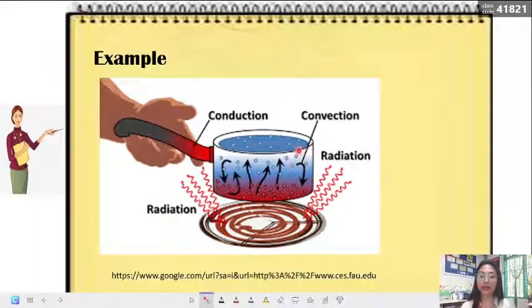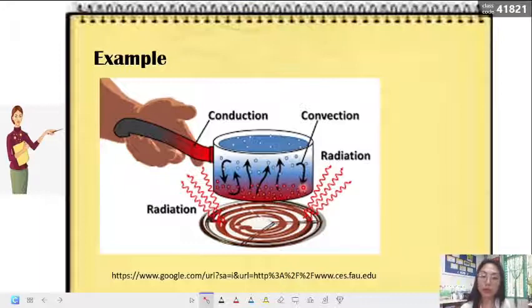And then reaching above, the temperature changes. So the temperature decreases. As you notice, the bubbles here are white. So they spread horizontally, move horizontally. And then afterwards, they sink down. Okay, they sink.